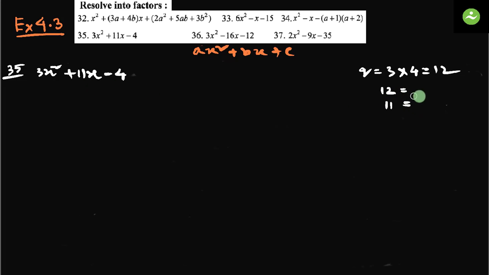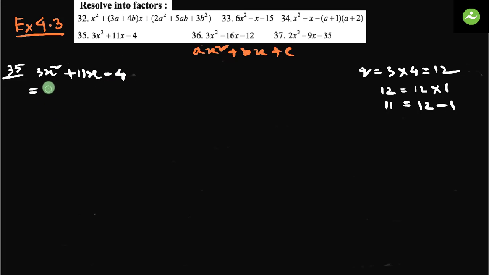How about 12 and 1? 12 into 1, 12 minus 1. We need a minus here because there is minus before 4.